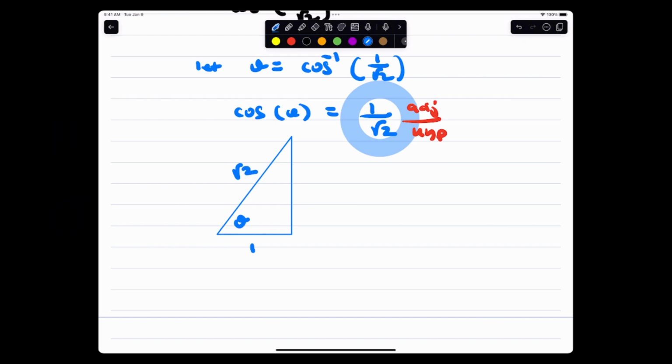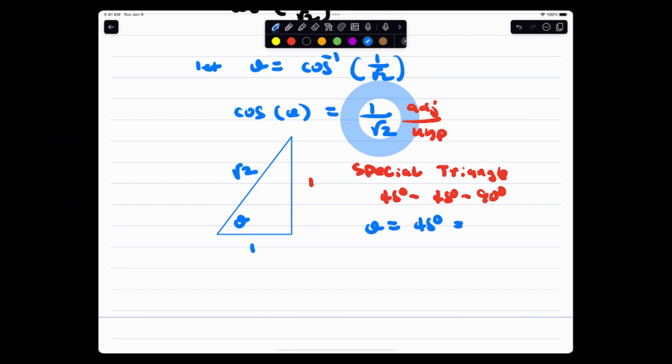You're back in that situation when they say, what special triangle is this? Exactly, ladies and gentlemen. It's the 45 degree, 90 degree special triangle. What's the angle here? It's 45 degrees, which makes this pi over 4. Now, here's our answer.